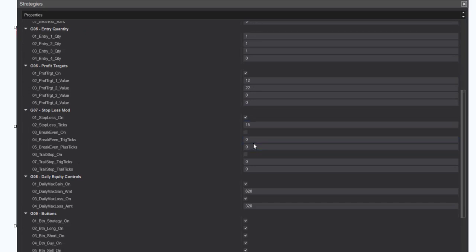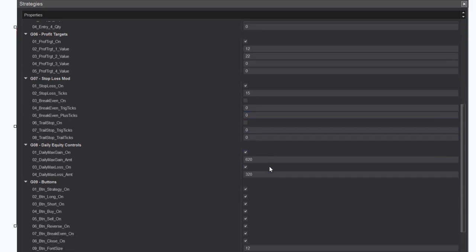If you want to use a break even, you can put that info here in a trail stop. I typically don't like the break even, it gets in the way, so I never use it. And then our daily max goal, you set that to whatever you want, and these boxes have to be checked. So 620 and 320, as you'll see, that we have set up on the chart.